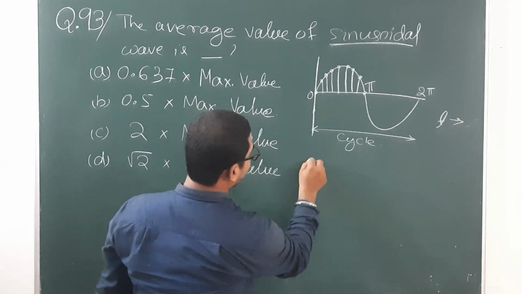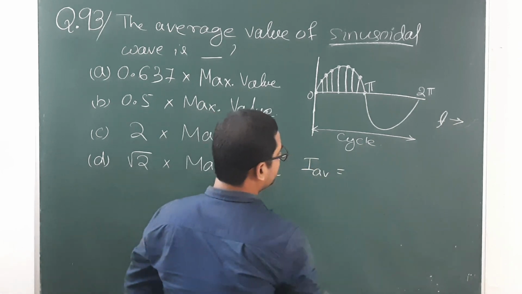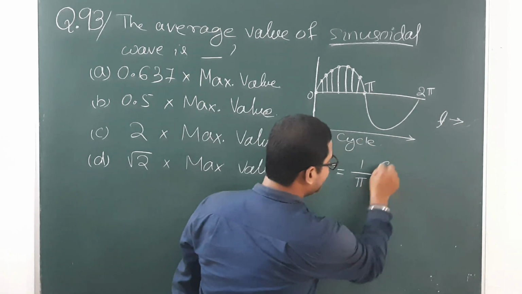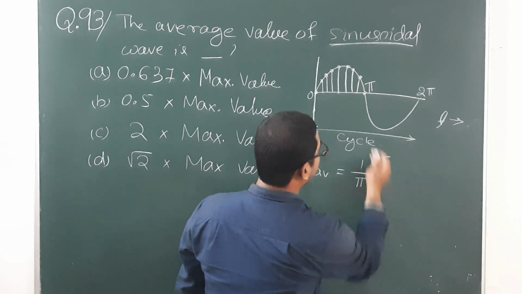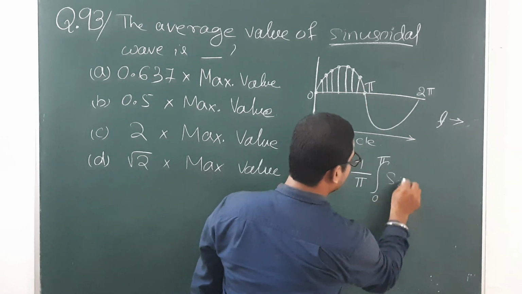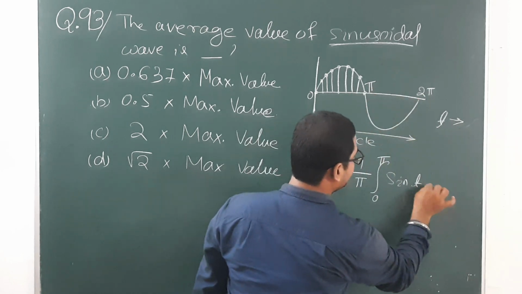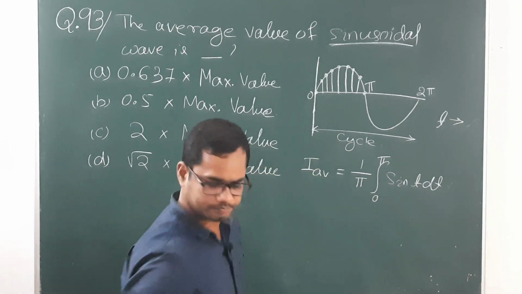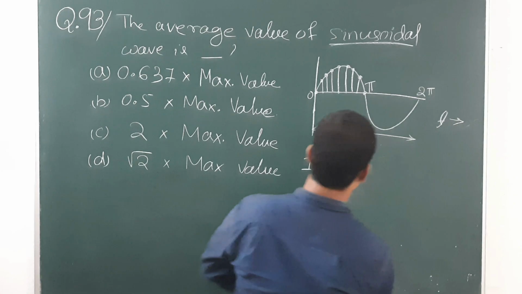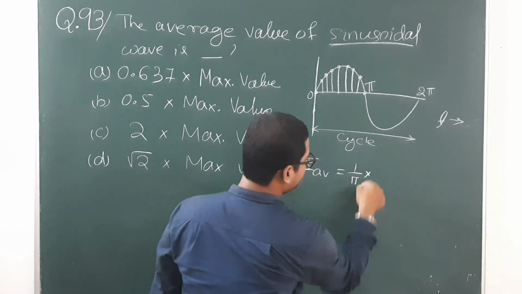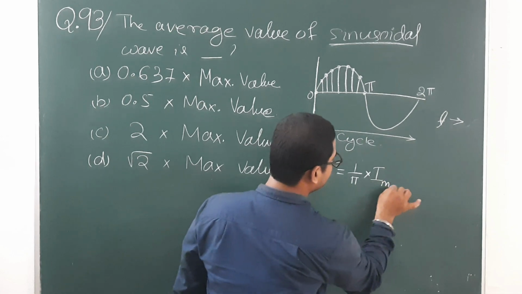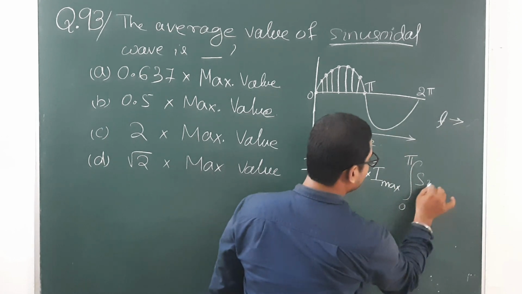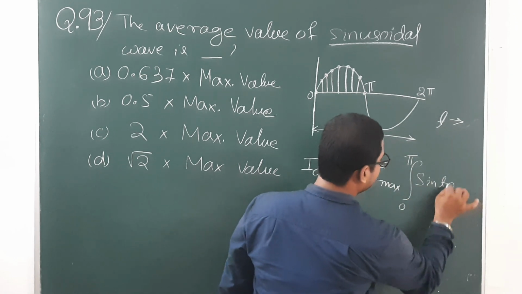Your average value of current, I average, will be equal to 1 by pi, integrated from 0 to pi, sin t dt, multiplied by I max. Again writing it, 1 by pi into I max, the maximum value of current, into the integral from 0 to pi of sin t dt.